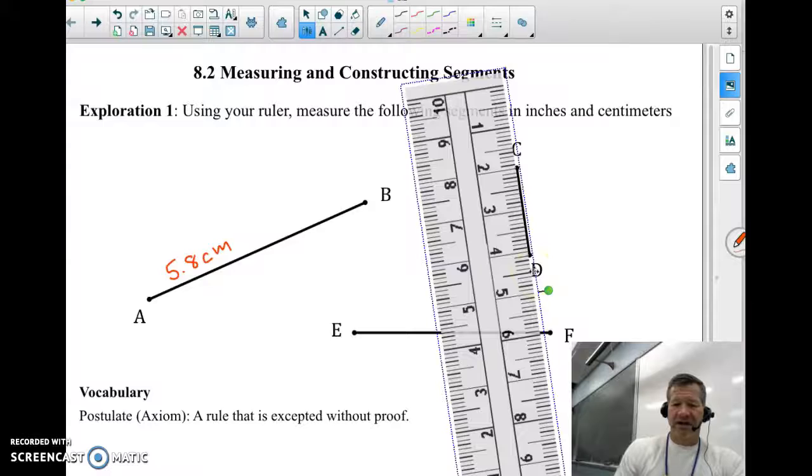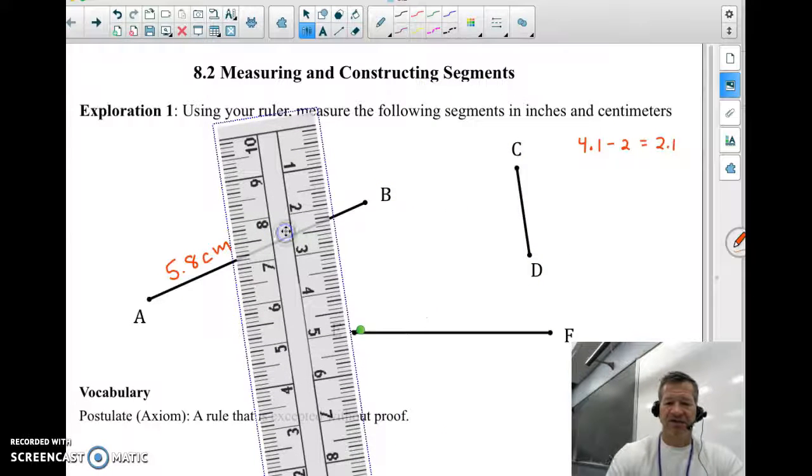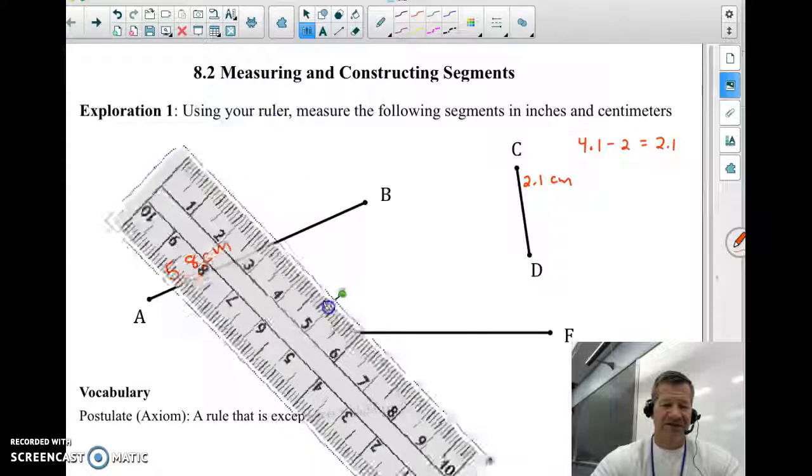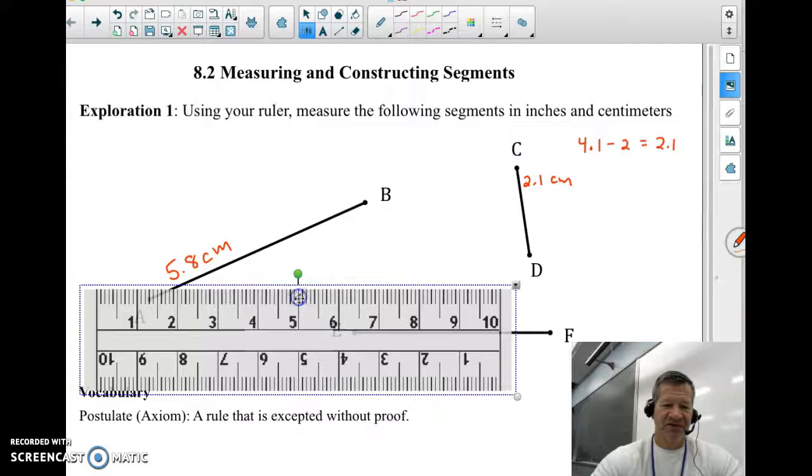What I can say then is that I can take 4.1, which is where D is, minus 2, and that gives me the distance of 2.1. So this segment is 2.1 centimeters. A lot of times when you're measuring, it's hard to get right at the end of the ruler. They get cut off, they're not made very well. This is a good substitute for that.